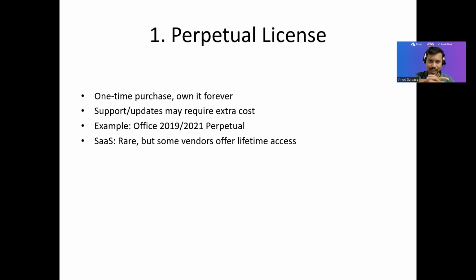Similarly, on the SaaS side, perpetual licensing is not commonly used, but some vendors still offer lifetime access in limited capacity, with limited feature sets and service offerings. So this was the perpetual license.